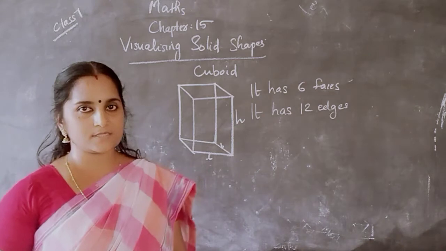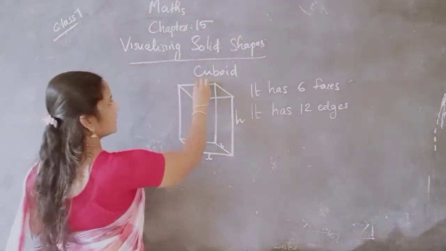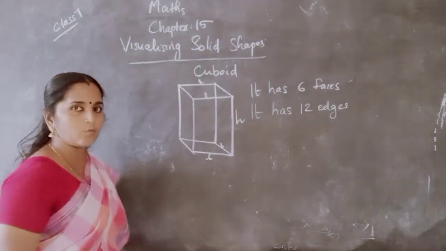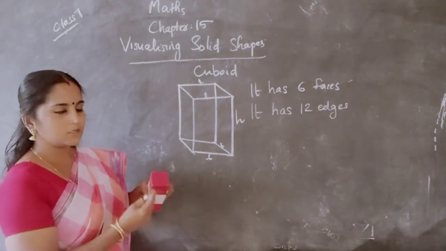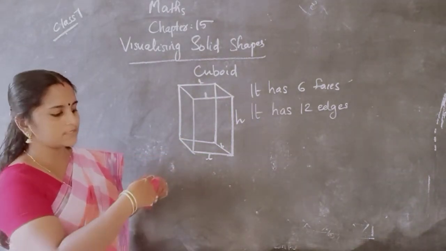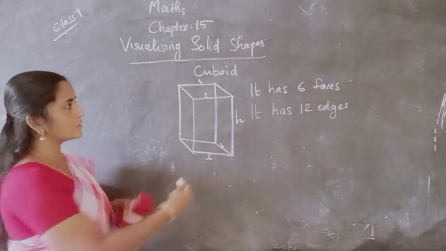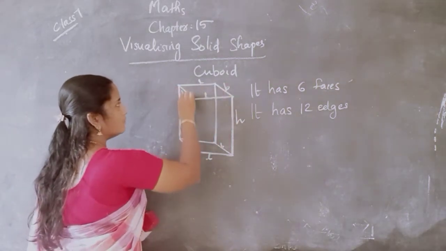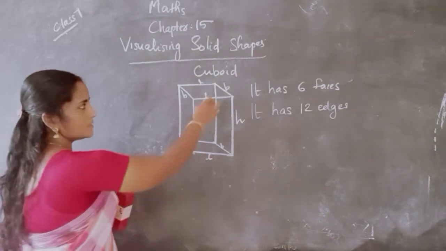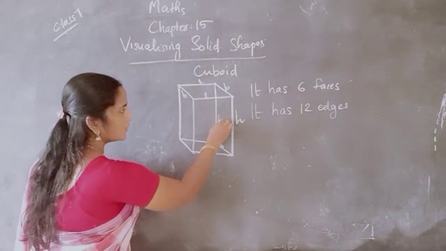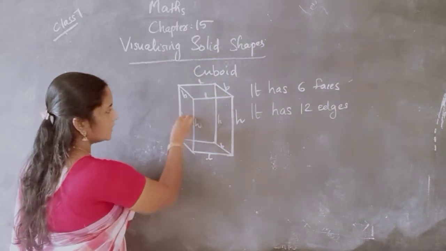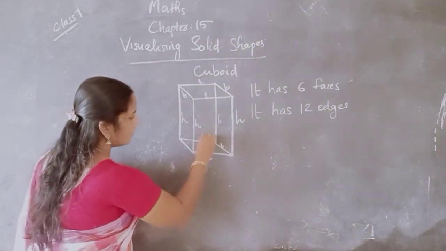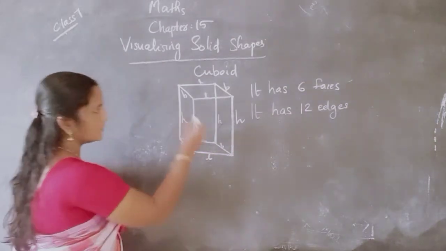12 edges are there, and these are called the length of the cuboid. These two are same, these two are same, so these are the length. These two are also same, so they are called the breadth of the cuboid, and this is called height of the cuboid. This is also height, height, length, length, breadth, breadth.